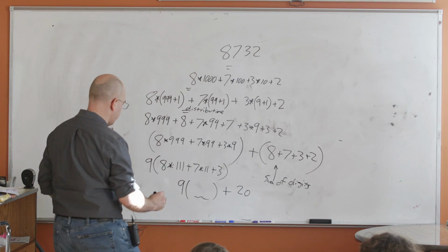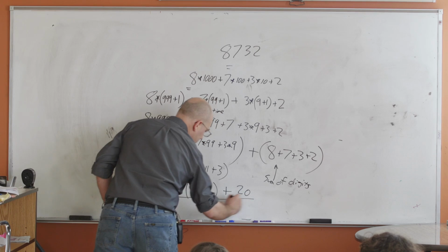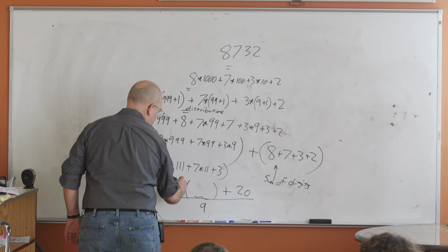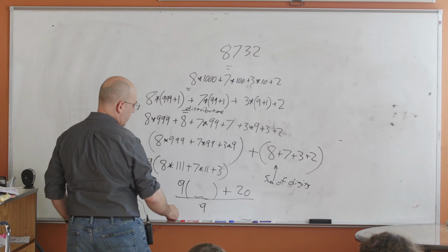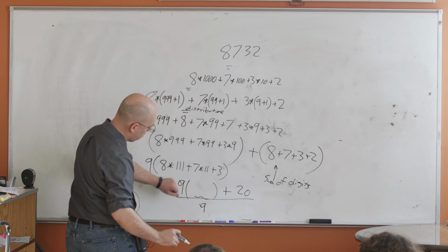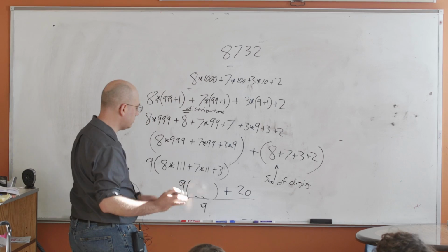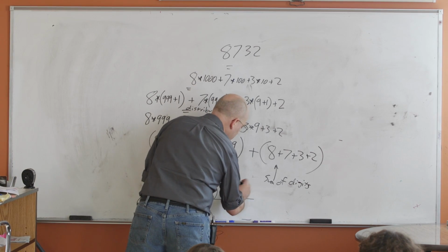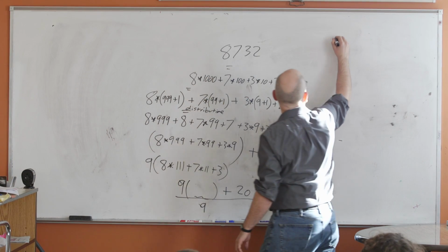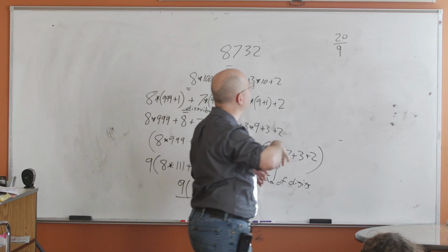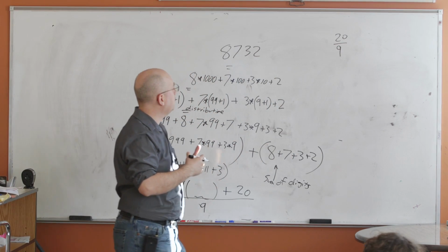And so when I divide by 9, I put that all over 9, those 9s cancel, again by the distributive rule. And then I'm left with 20 over 9. So that's a new division problem.